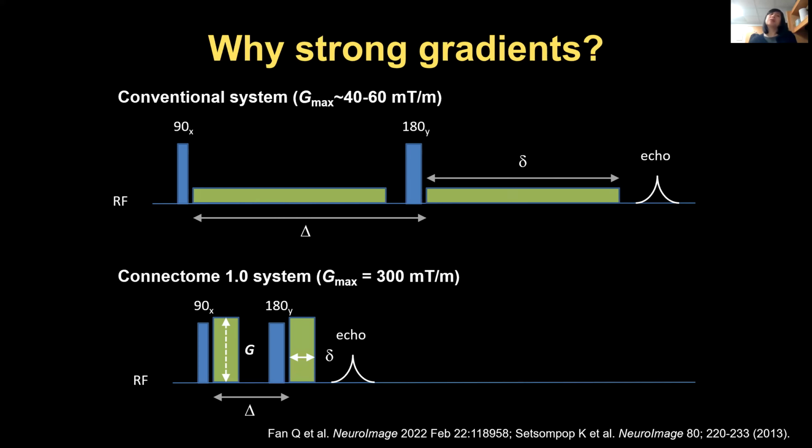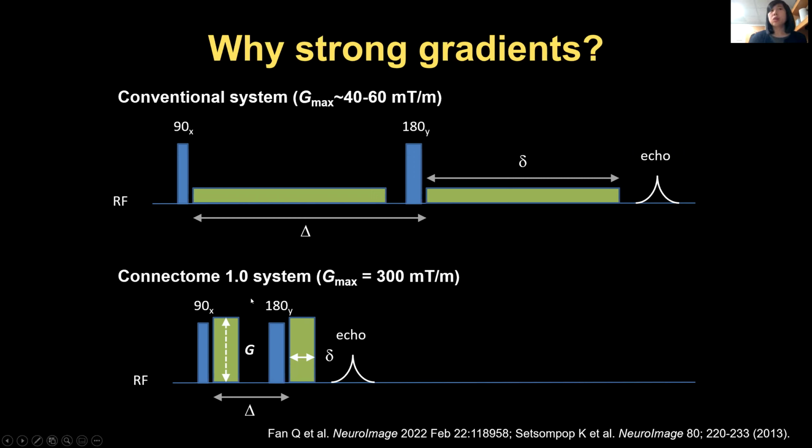About 10 years ago, we embarked on developing a very strong diffusion gradient machine known as the Connectome system. This was done in partnership with Siemens as part of the original Human Connectome Project. This Connectome system is a human MRI scanner equipped with maximum gradient strengths up to 300 millitesla per meter, about 6 to 7 times higher than a conventional scanner.